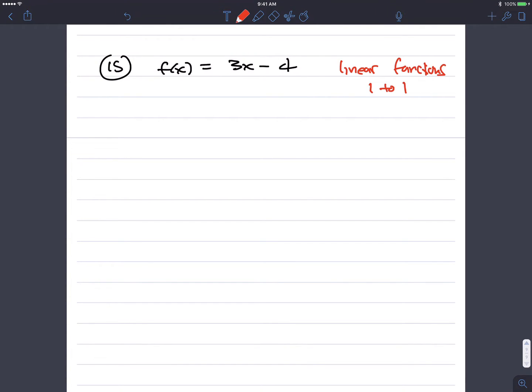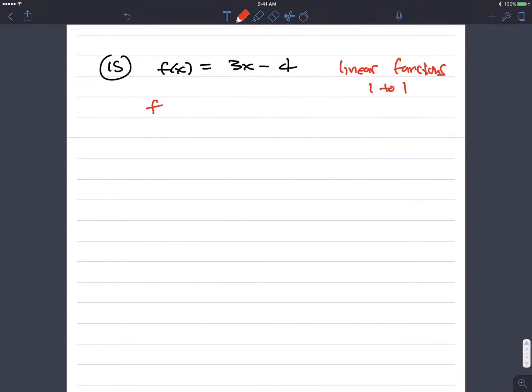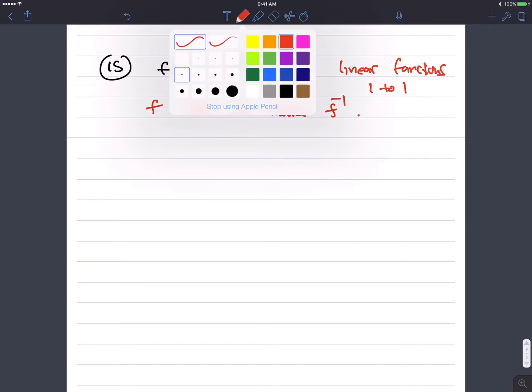What's so special about them? They have inverses. So I'm going to say this: f has an inverse function. Now we're going to ask you this question here.